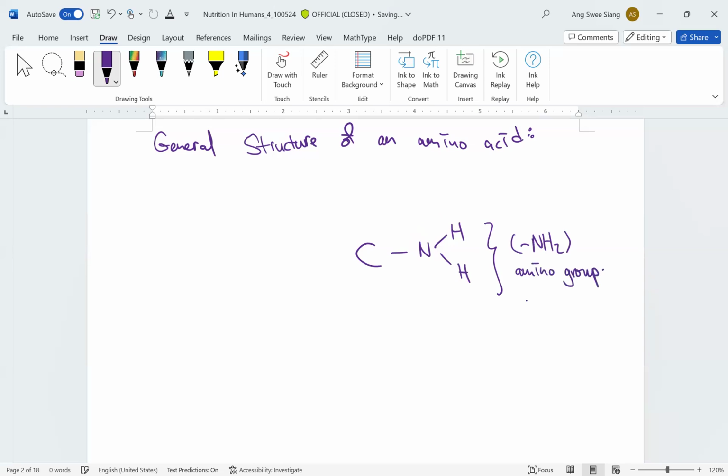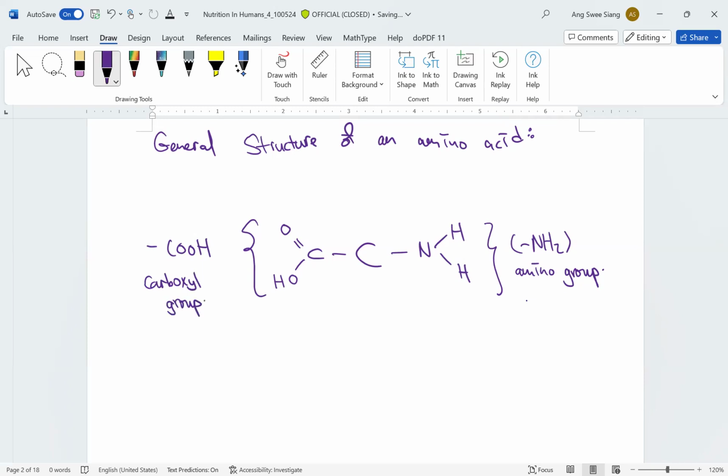Then another group that is found in the amino acid is called the carboxyl group, the carboxylic acid group. To make it simple for you to understand, O and H, so this is the COOH group, and we call it the carboxyl group.